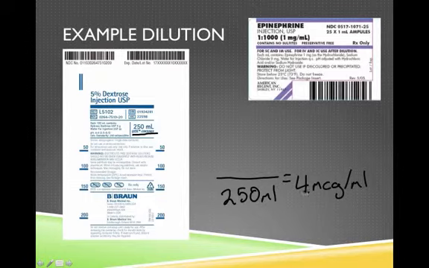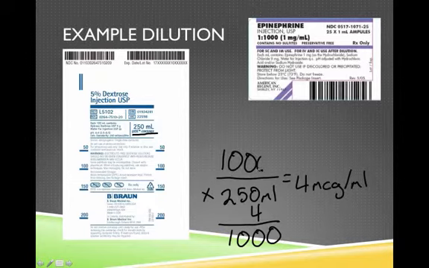So, using this dilution formula, if we have the bottom number, or the amount of milliliters, we're going to multiply our answer by that. 250 times 4 is 1,000. So we need to place 1,000 micrograms into this 250 ml bag to yield a concentration strength of 4 mics per mil.